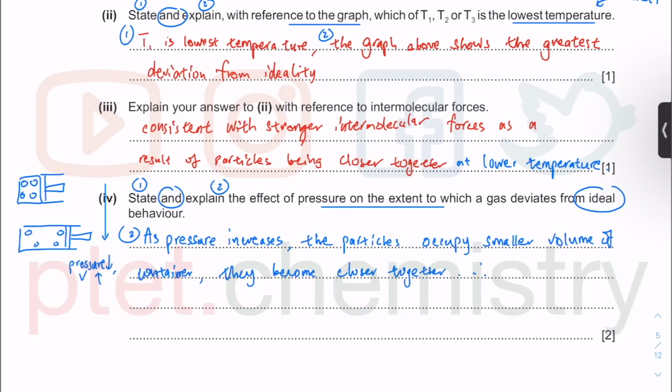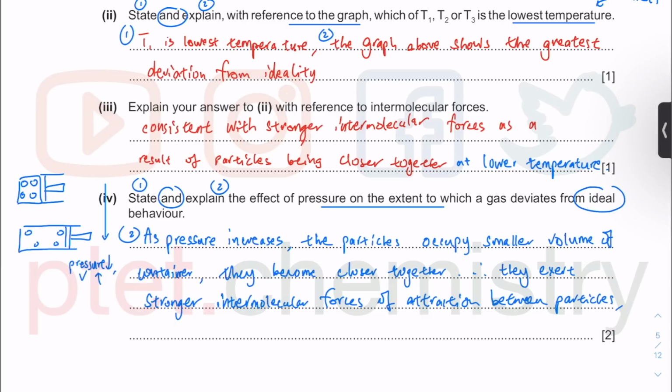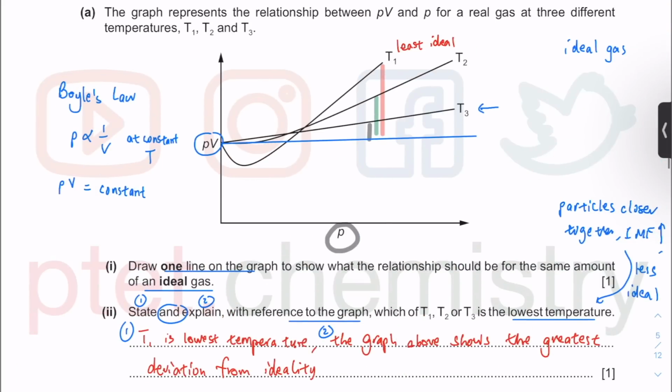Therefore, they exert stronger intermolecular forces of attraction between the particles, and these become less and less negligible, and therefore they become less and less ideal. Therefore, less ideal at higher pressure. As such, we see a greater deviation from the PV equals constant ideality for an ideal gas, as seen from the graph here.